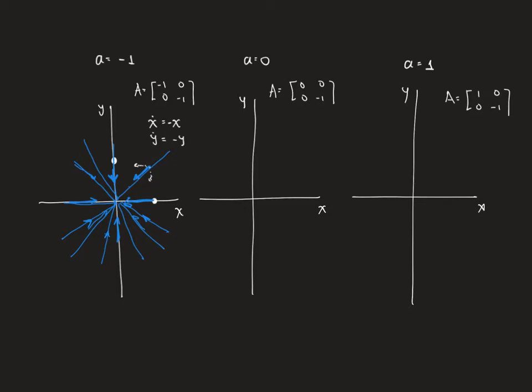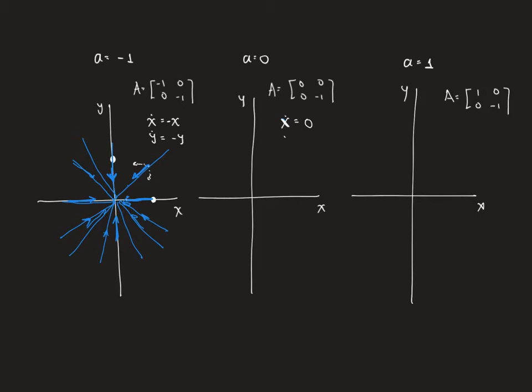Now the next one is also pretty interesting, because I will show you here. This is x with y. So x dot is equal to what? Yeah, to 0. And y dot is equal to minus y. So what does it mean here? That if you stand at any point that you choose, there is no change allowed in x.